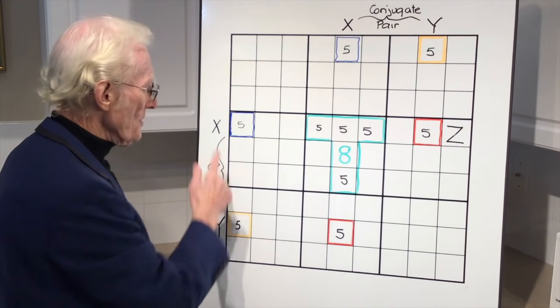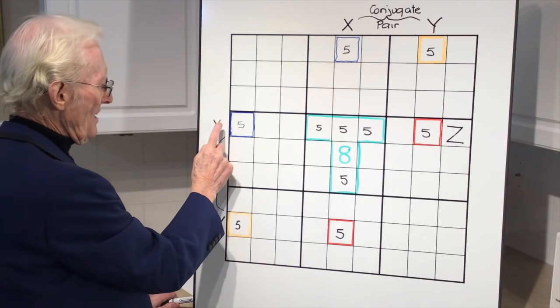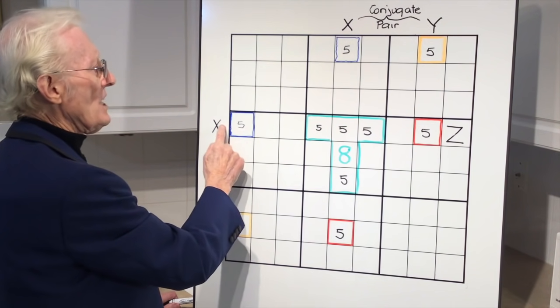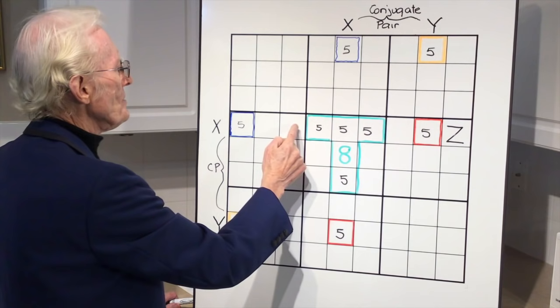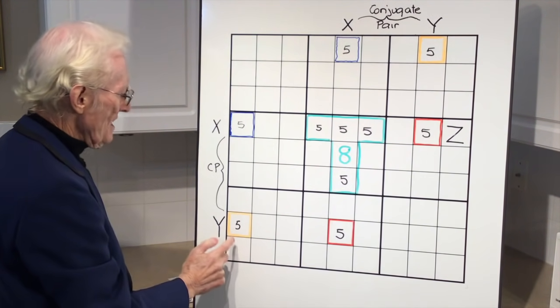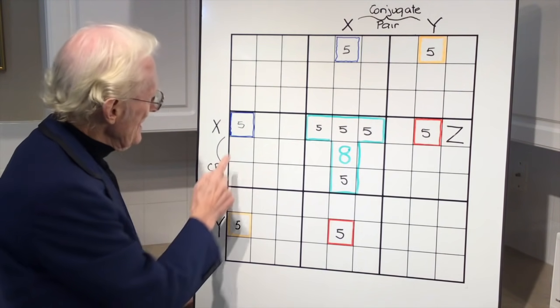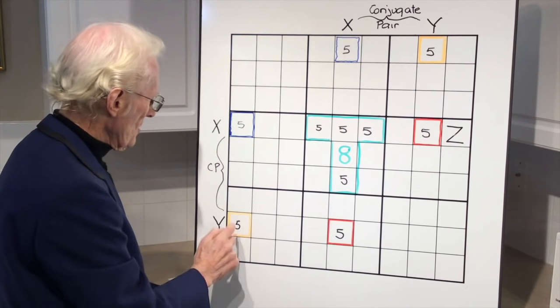So here on this side, we have this X is there because it lines up with one of the arms of the T. And it is the end of this conjugate pair, CP for short, conjugate pair. It's at the end of the conjugate pair.